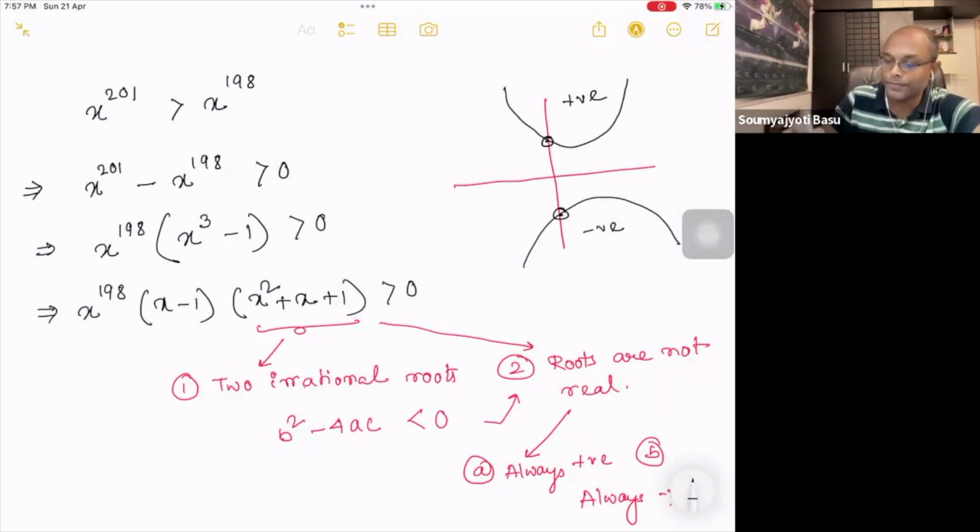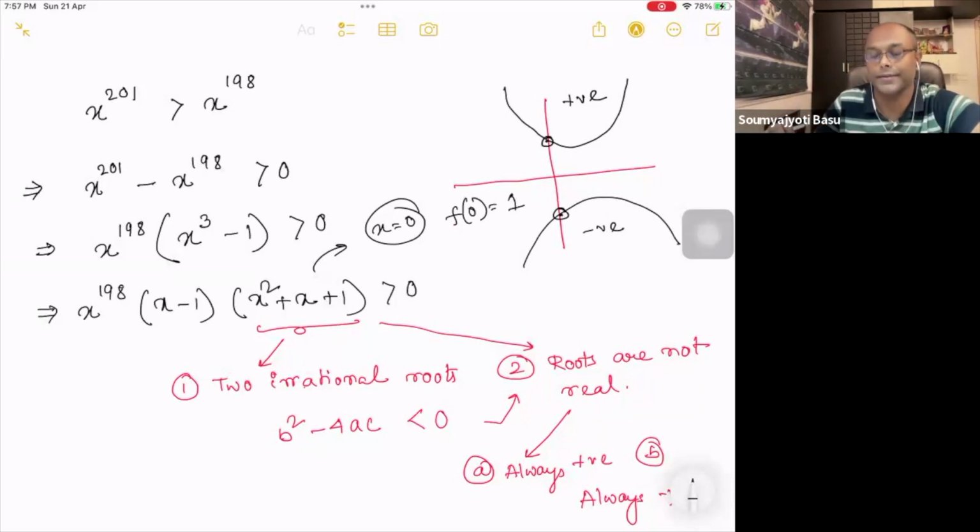Here, if you put x equal to 0, you get the value of the function equal to 1. Just put x equal to 0 over here. This shows that this polynomial expression, x squared plus x plus 1, is always positive.